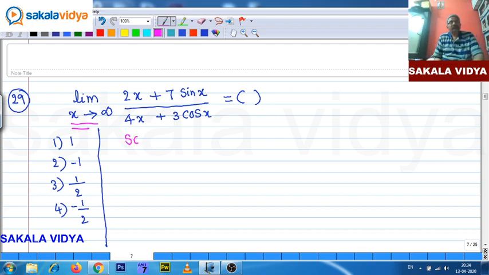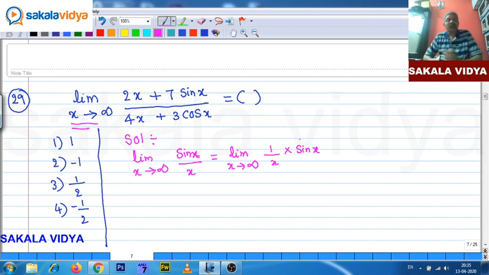Here see, first limit x approaches to infinity, sin x by x. Let us have a discussion here. This can be written as 1 by x multiplied by sin x. Always sin x and cos x are called oscillating functions. What do we call oscillating functions? Means sin x and cos x lie between minus 1 comma 1.